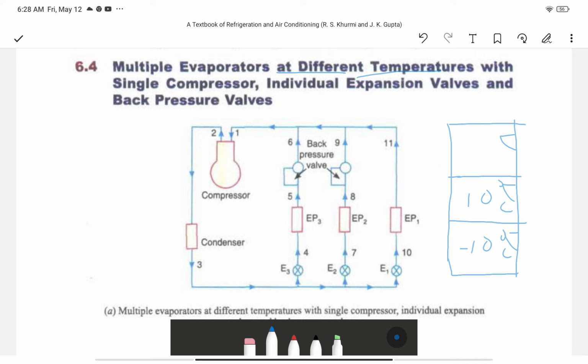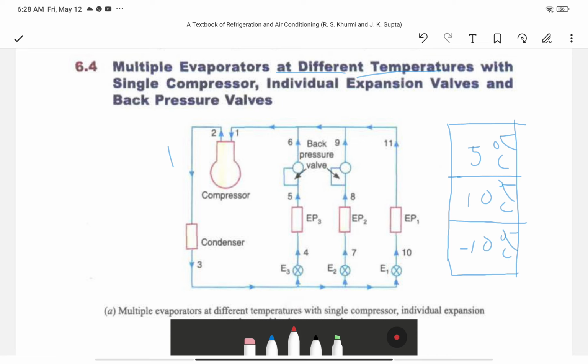Different products, different temperature requirements. In here you have, shall I say, 5 degrees Celsius requirements. So this setup is best for that.